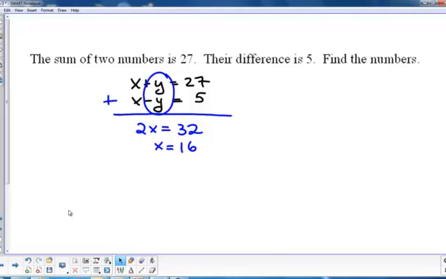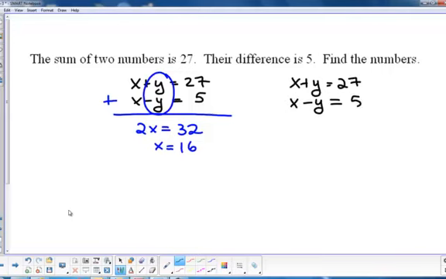Now, what's kind of unique about this is that we can take those same two equations, and instead of adding, if we subtract them, the x's will cancel. So I'm going to subtract them now. So x minus x is nothing. Y minus negative y is 2y.